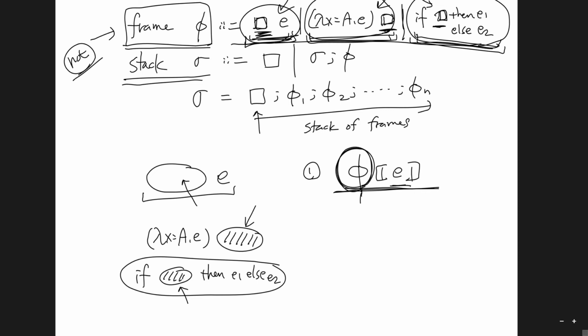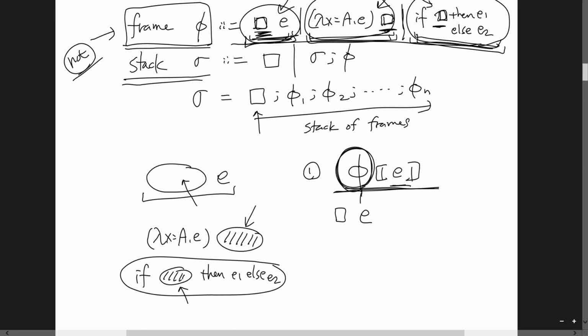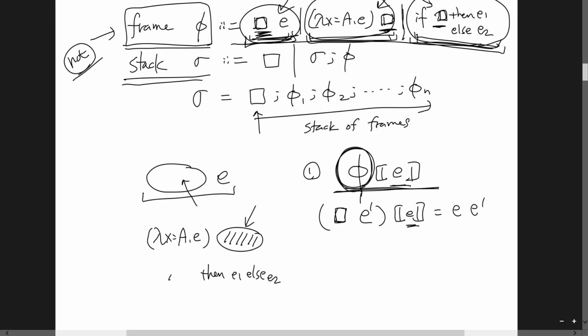For instance, if you have this frame and, let's say, E prime, and you fill the hole with this expression inside the bracket, it's going to be E applied to E prime. That's all. So I'm sure everybody now knows how this operation works.